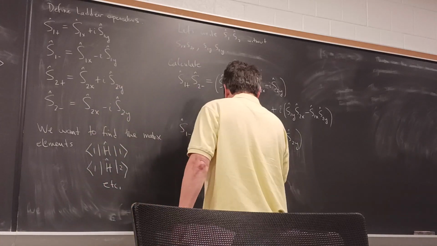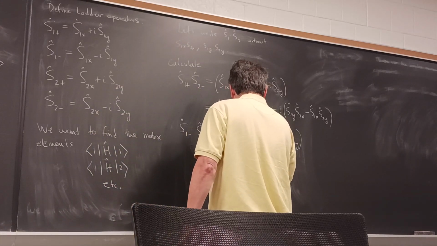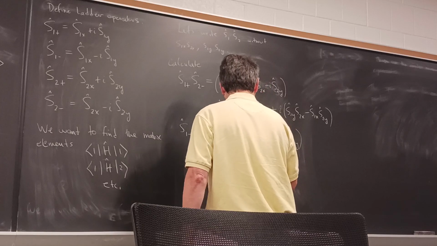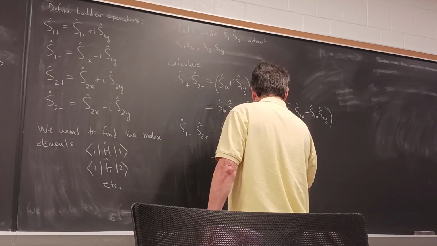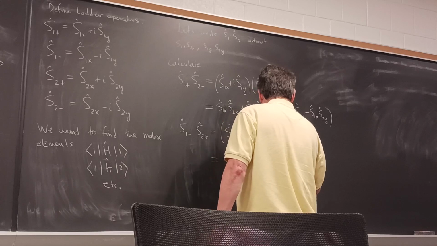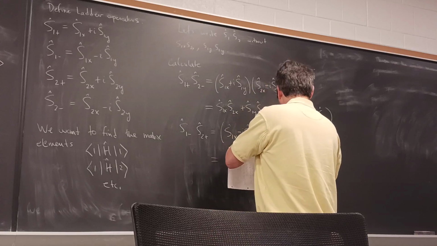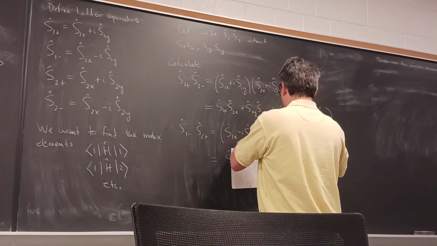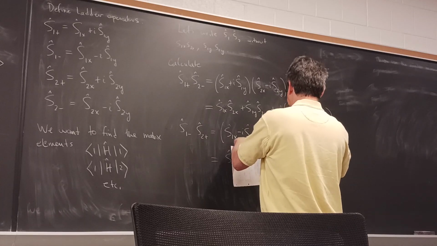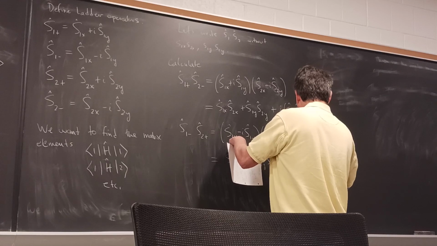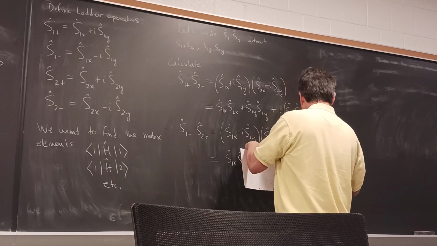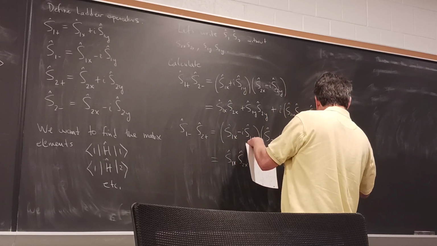And again, we'll have S1x S2x plus S1y S2y. And then we'll have plus i S1x S2y minus S1y S2x.